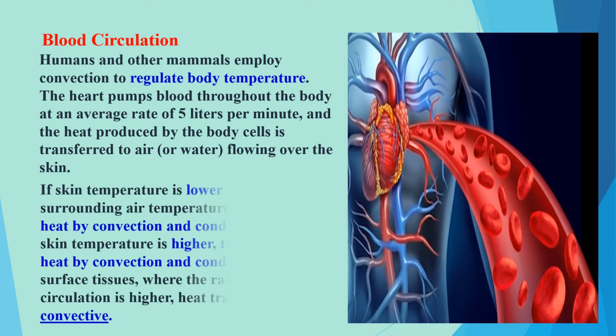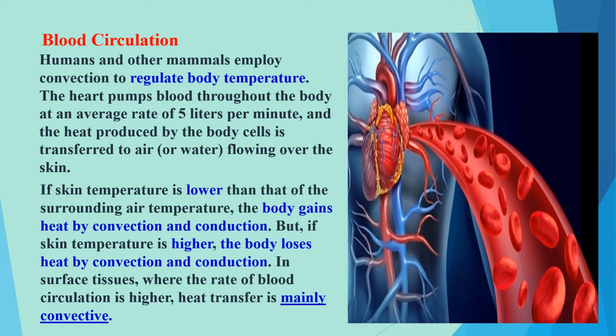If skin temperature is lower than that of the surrounding air temperature, the body gains heat by convection and conduction. But if skin temperature is higher, the body loses heat by conduction and convection. In surface tissues, where the rate of blood circulation is higher, heat transfer is mainly convective.